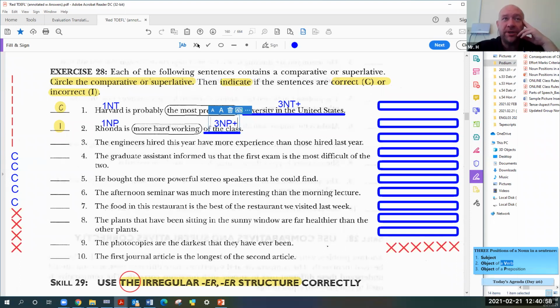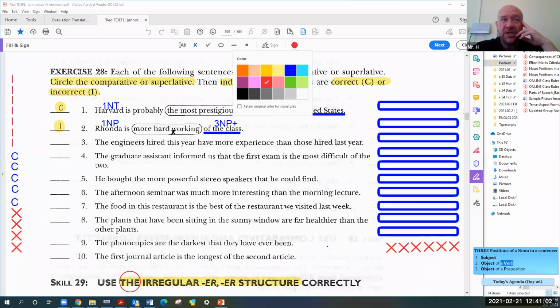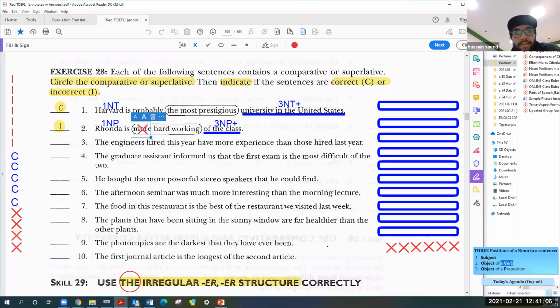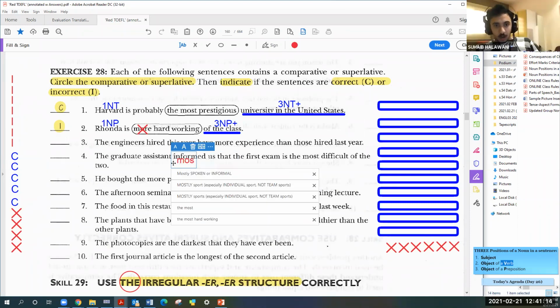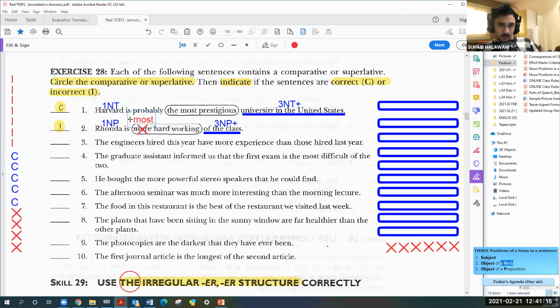But the problem here, as you mentioned, gentlemen, can you see the problem? Yes. It should be what? Most? No, the hardest working. Most hardest.